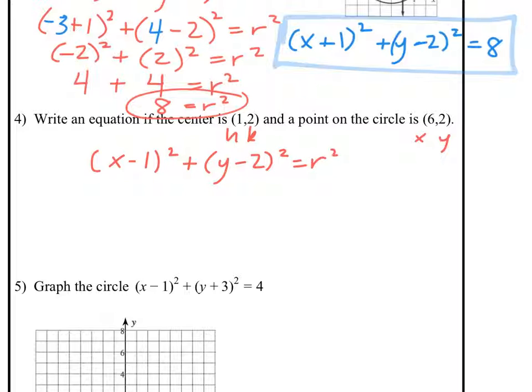Once you have the center, put in the point. You can do it all at once, just don't confuse yourself.